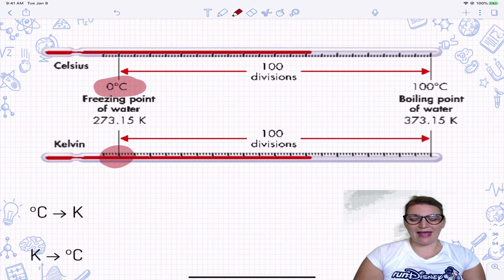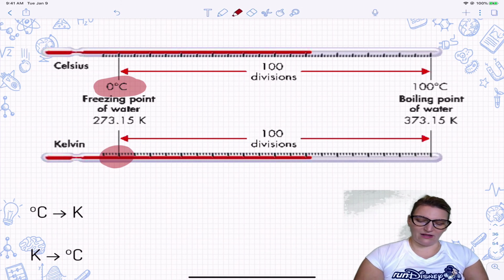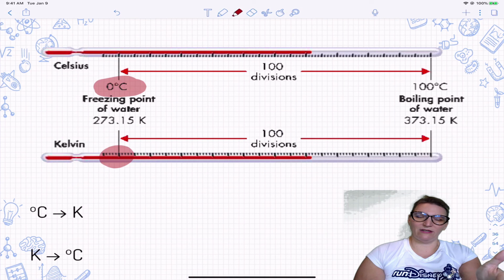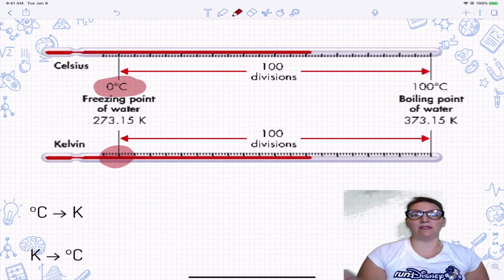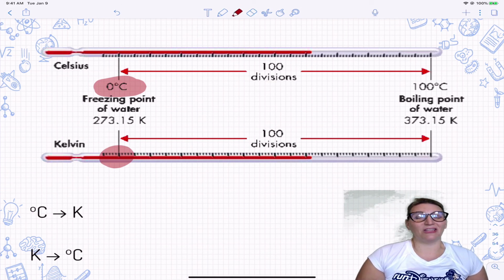If you look at the divisions between 0 degrees Celsius and 100 degrees Celsius, and the corresponding temperatures in Kelvin, we made it so that one division in degrees Celsius is the same as one division in Kelvin. That means the conversion between the two is really simple.